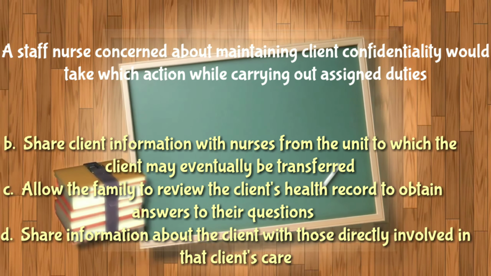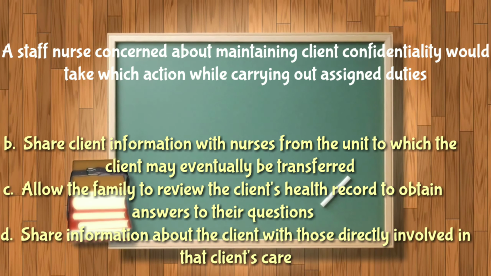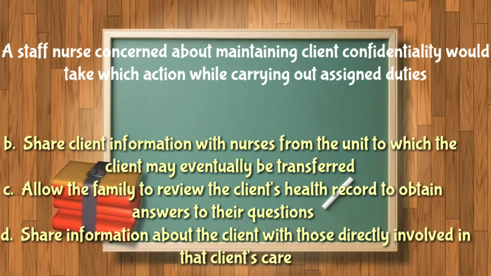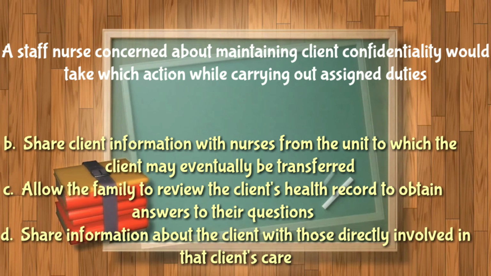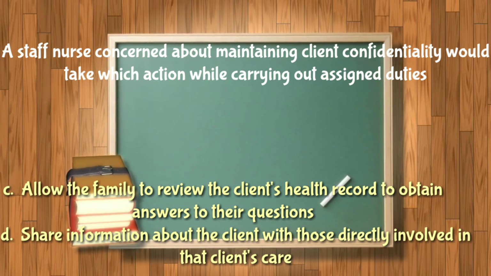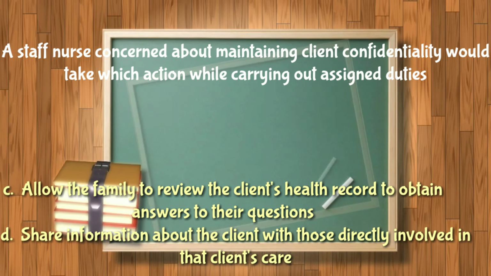So for this question, let's eliminate first letter A, because staff should only access information about clients currently assigned to their care. They should not access information about other clients on the unit not assigned to them. Let's also eliminate letter B, because client information should not be shared with nurses who are not currently working with the client.